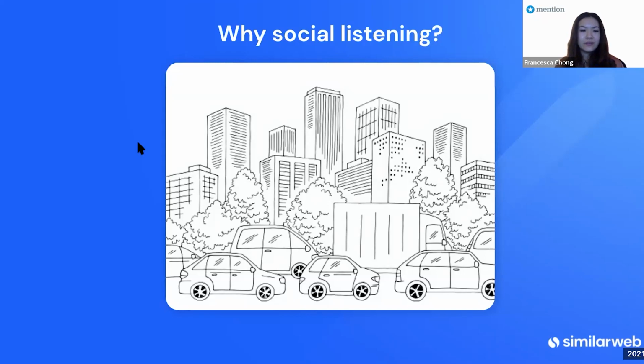So enter social listening. This helps to add a little bit of extra context, some details, some dimensions to this picture to really help to tell a story. For example, with social listening, we might be able to determine that it's evening, and perhaps this is rush hour traffic. We can see that the cars are moving a little bit slower.